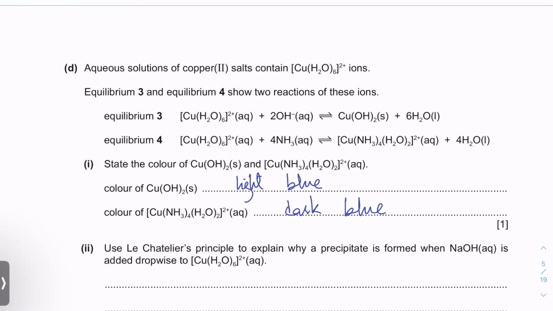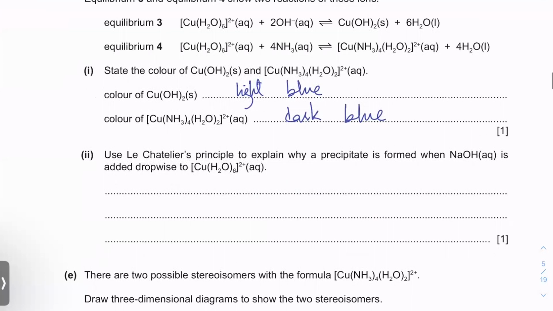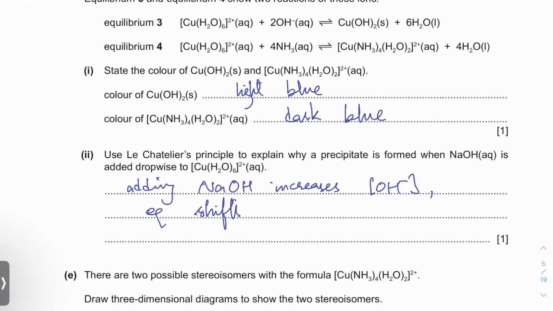And that is what we'll say. We'll say that adding NaOH increases the concentration of OH minus and equilibrium shifts to right, forming precipitate. Okay.